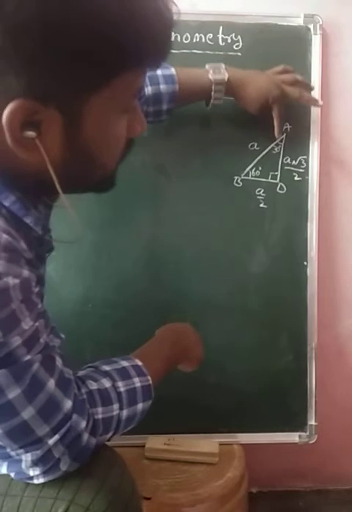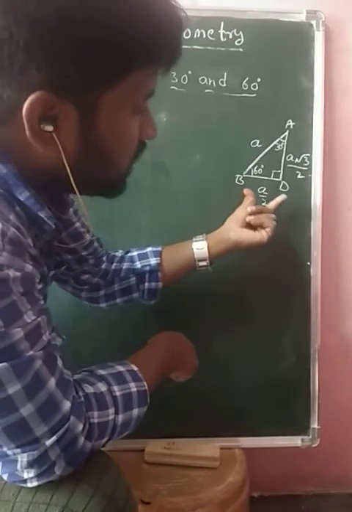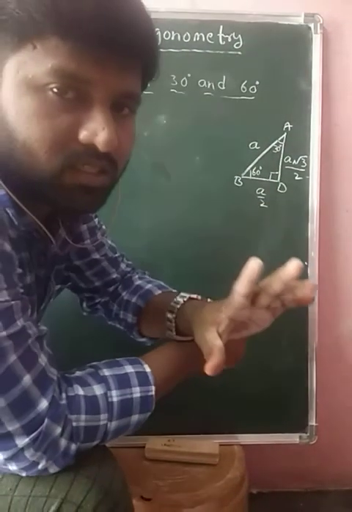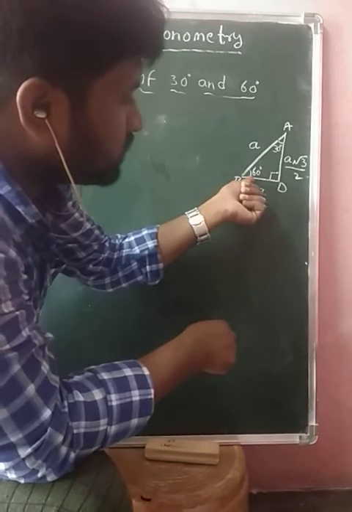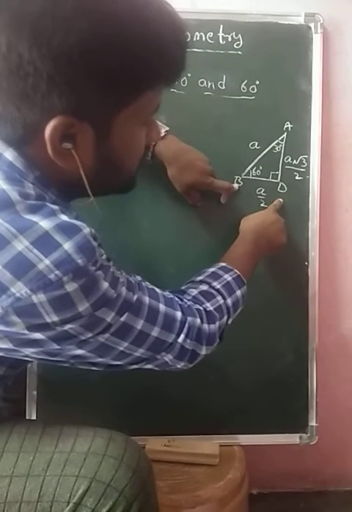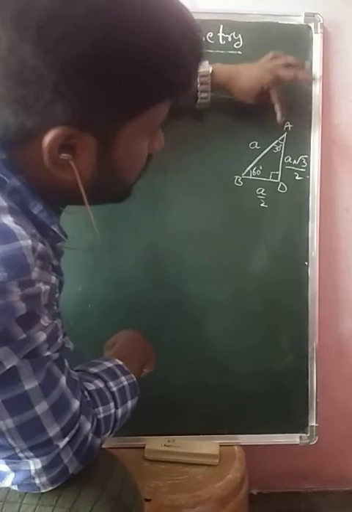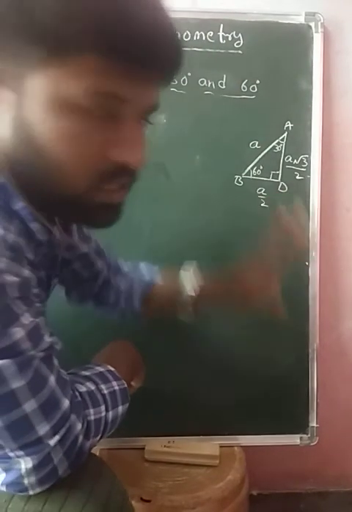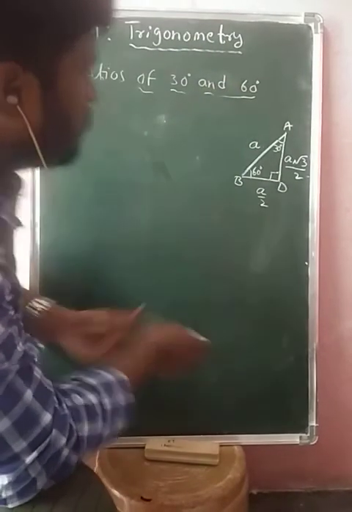With respect to 30 degrees, BD is the opposite side and AD is the adjacent side. Hypotenuse is common. Okay?